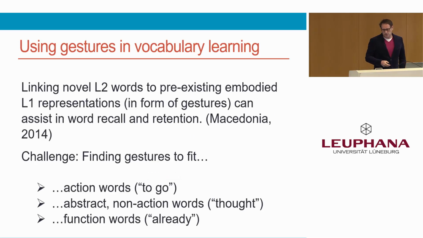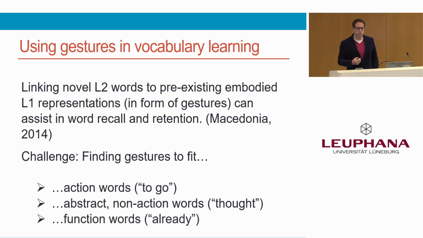Then we have gestures. So we're moving a bit across a few fields here, but bear with me. Gestures have been suggested for learning L2 words simply because the L1 word and its link to the concept have already been embodied. One usually would know what to do if one had to gesture L1 words in some way.